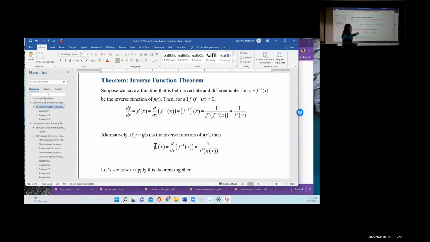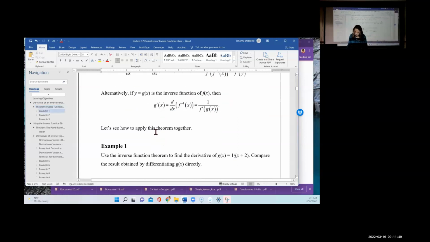So now what we're looking at here is again the formula. This is just the derivative of the inverse function is 1 over the derivative of the original function with the inverse plugged in. Now, if we let the inverse function be g of x, then we can say g prime of x is 1 over f prime composed with g of x.